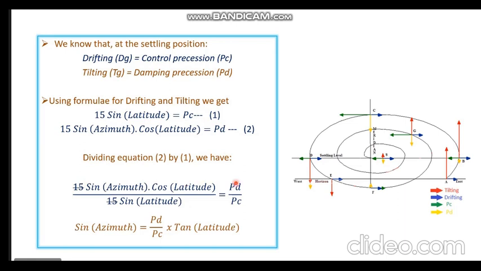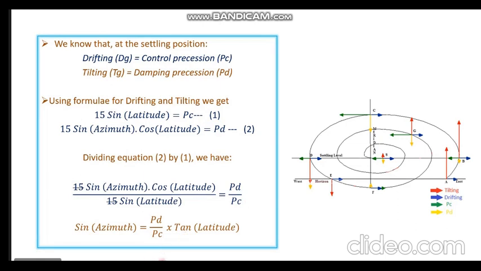And as we do it, we get the relationship 15 degrees sine of azimuth cos of latitude divided by 15 degrees sine of latitude is equal to PD upon PC. 15 gets cancelled in the numerator and the denominator, and we are left with sine of azimuth on the left hand side, equal to PD upon PC.